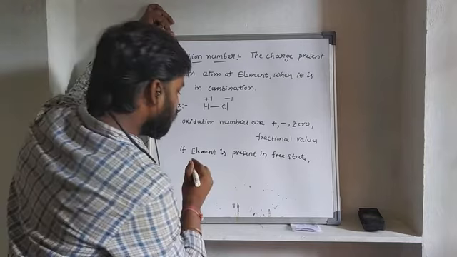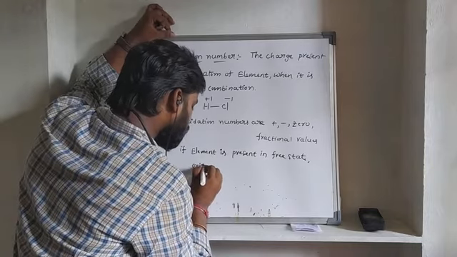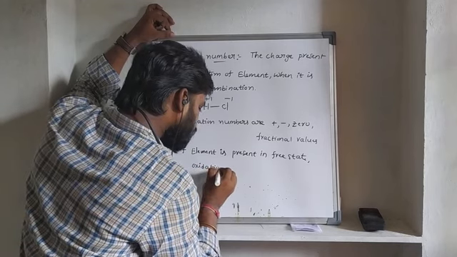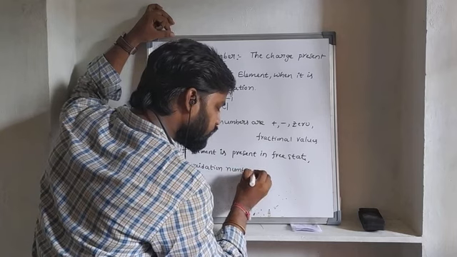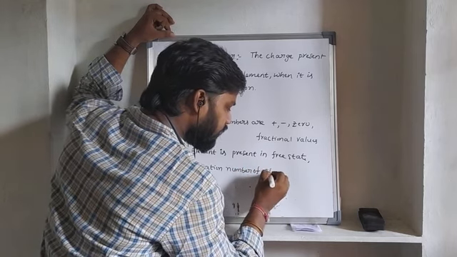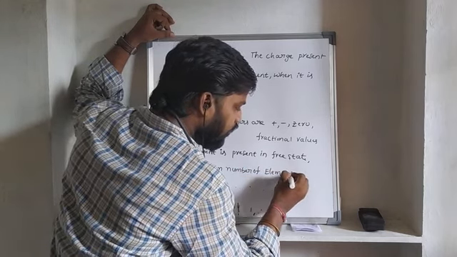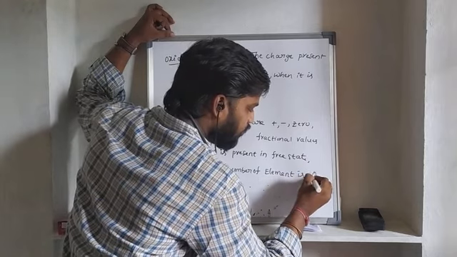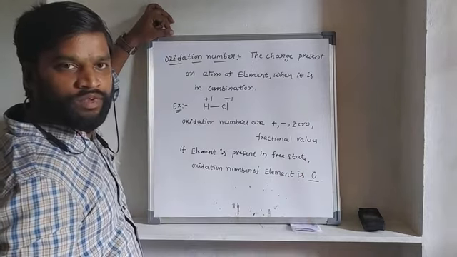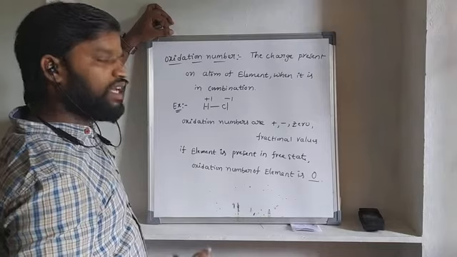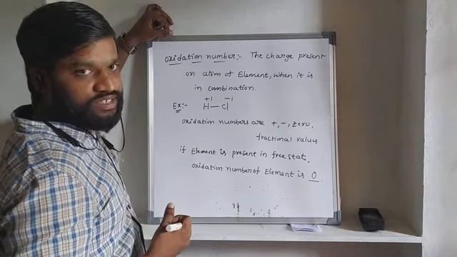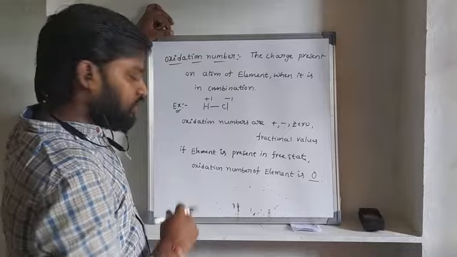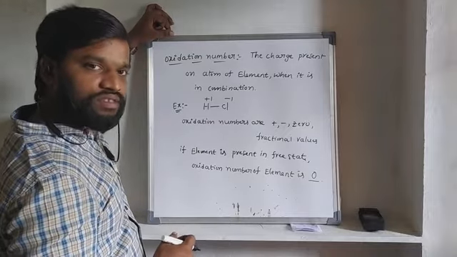In this case, the oxidation number of element is 0. If element is present in the free state, there is no combination state, then the oxidation number of element is 0.